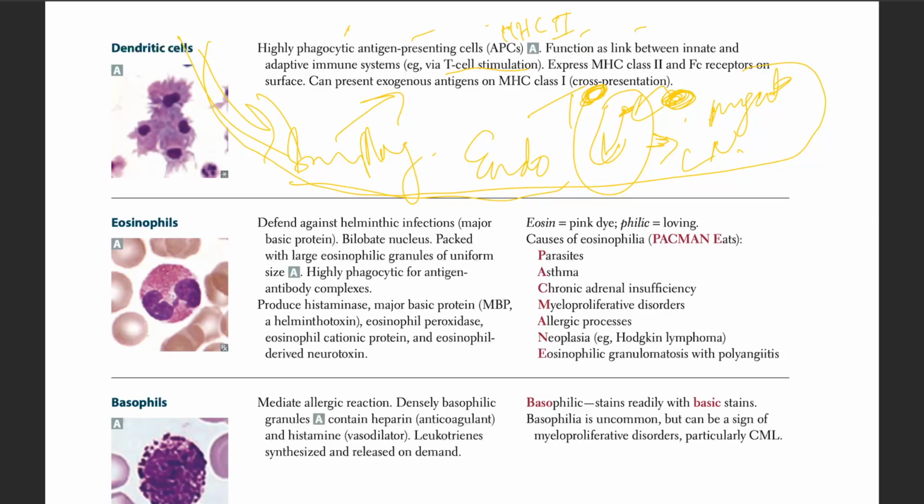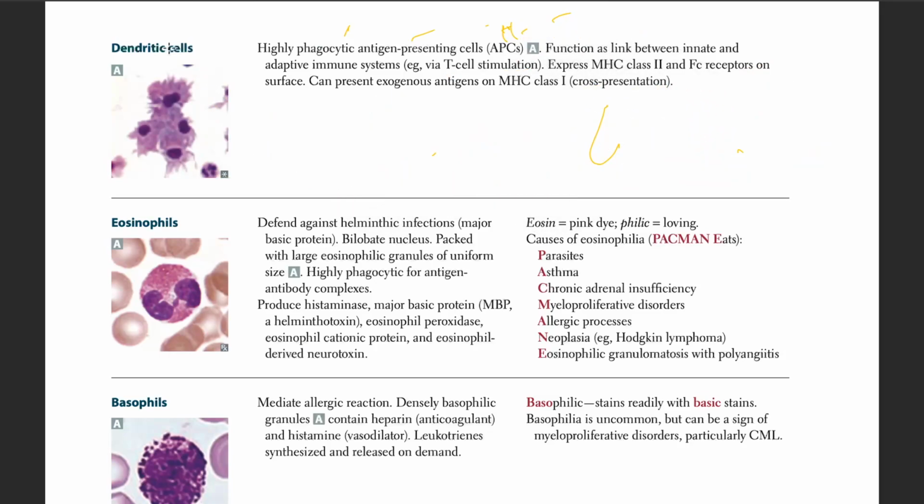If these dendritic cells are in the skin and mucosa, we call them Langerhans cells. Skin and mucous membrane are called Langerhans cells. Not the Langerhans giant cell, that is something else, which is also going to come.